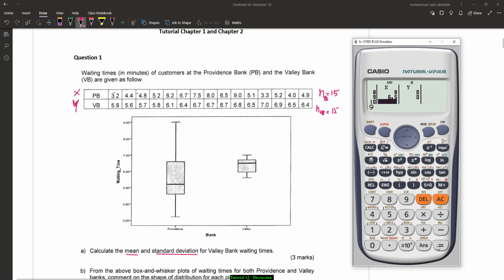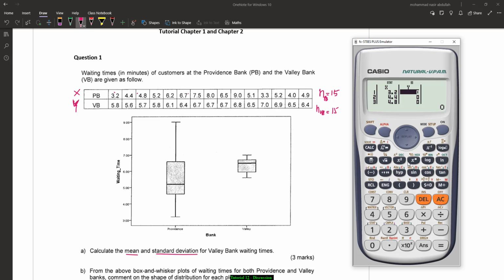Oops, 9, and then 5.1, 3.3, 5.2, 4.0, and 4.9. So we have all together 15 data.